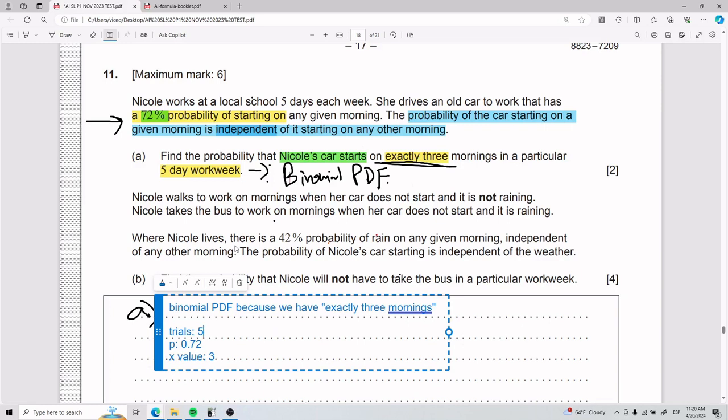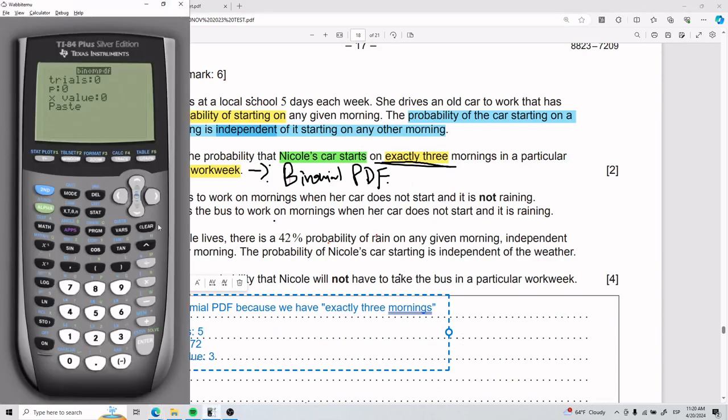The probability of it happening is 72%, and you want it to happen exactly 3 times, so you put an x value of 3. So you put all of this into your calculator. Trials 5 because it's a 5-day work week. 0.72 for probability of it starting. X value of 3. It happens exactly 3 times. Exactly, so we're using PDF. You paste. Enter, enter, there it is.